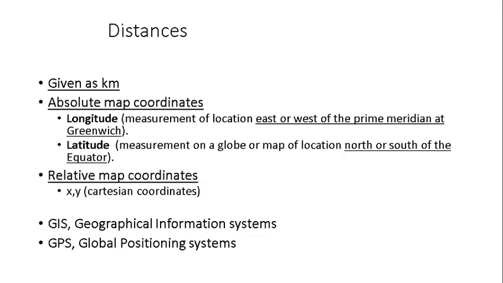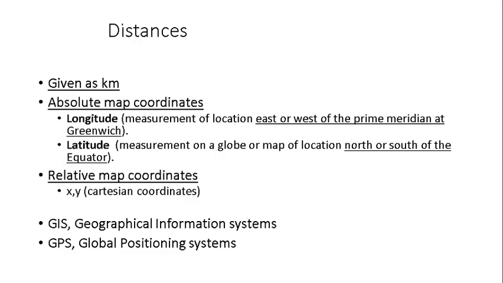To achieve that, we need to, of course, know the distances. The distance could be given in kilometers or miles, or we could have some coordinates. We're all very familiar with coordinate systems, with GIS, Geographical Information Systems, and GPS systems that provide us with coordinates.